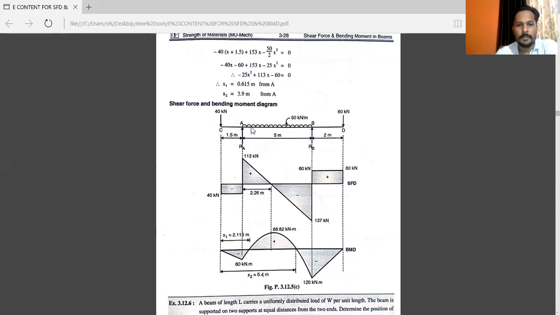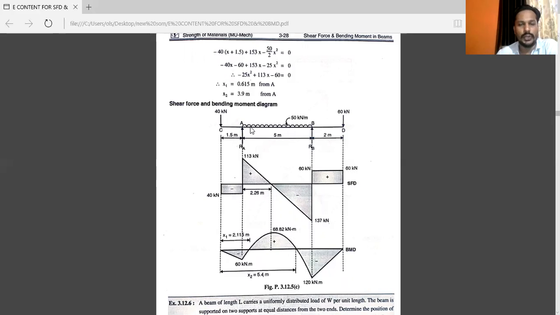So minus 40, that is a hogging condition, minus 40 into, we don't have this distance, means from A to this distance we don't have, that is X. So we are taking X distance. So X plus 1.5 meter.